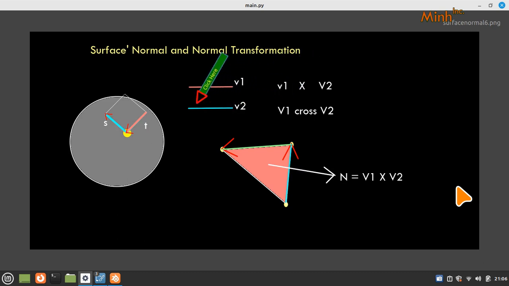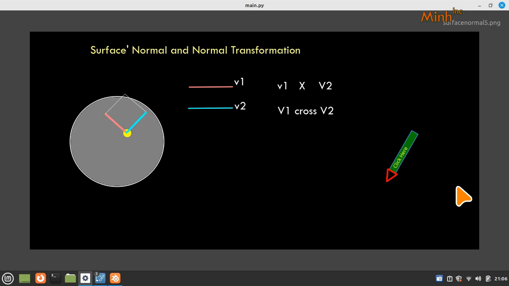Exactly like this. One vector is like this, another vector is like this. Like if I have a triangle and one vector is like this and one vector is like this, the normal would be V1 cross V2. This is what we want.